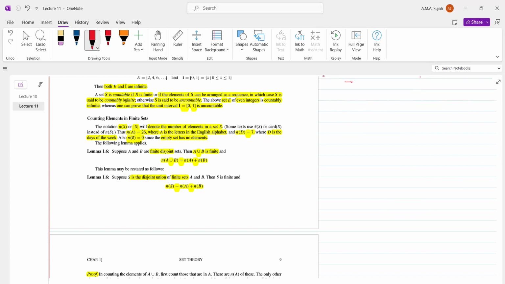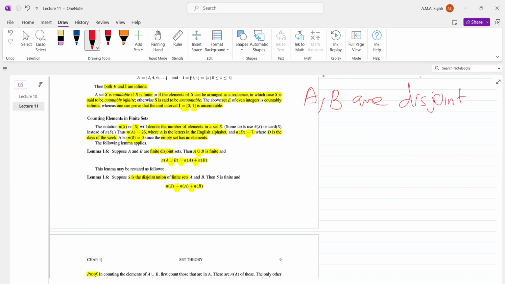Okay. Now previously we discussed disjoint sets, right? So let's say there are two sets A and B that are disjoint. What do you mean by A and B are disjoint? Tell me, we already discussed. If two sets are disjoint, what does it mean?